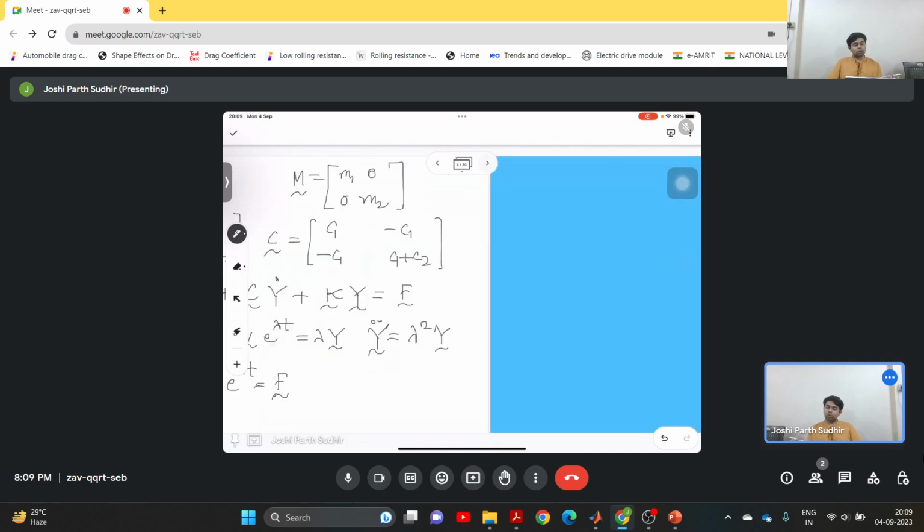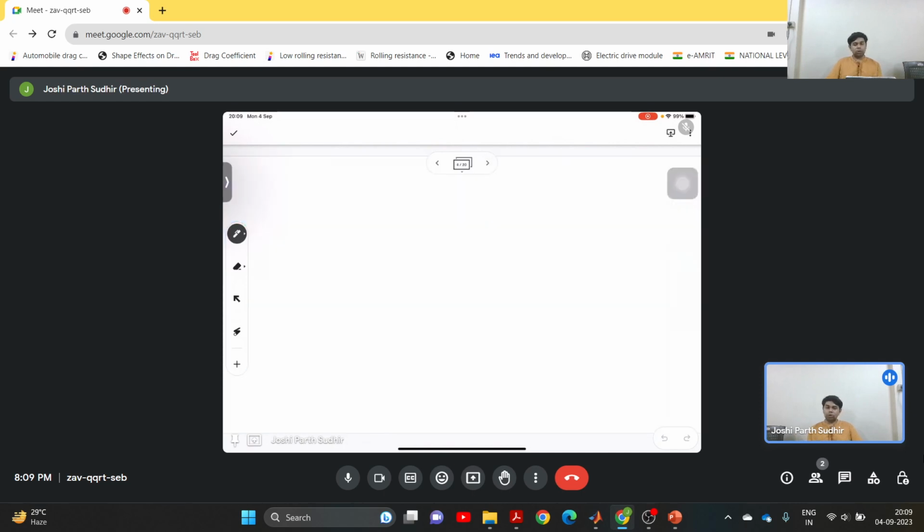One part will be basically the transient part, which will be the solution to lambda square m plus lambda c plus k into v e to the power lambda t is 0, the 0 matrix.